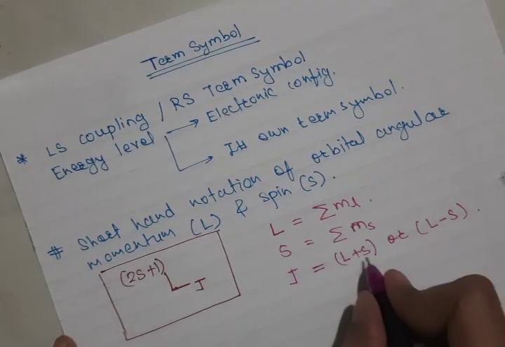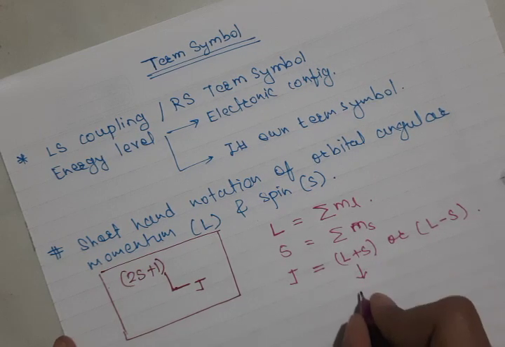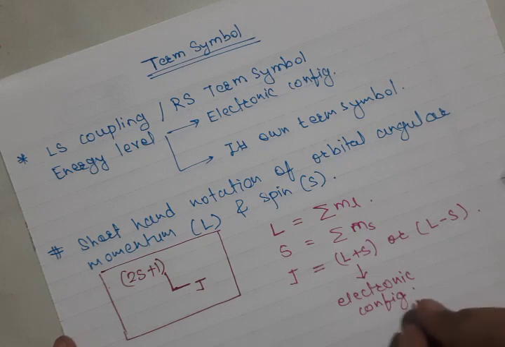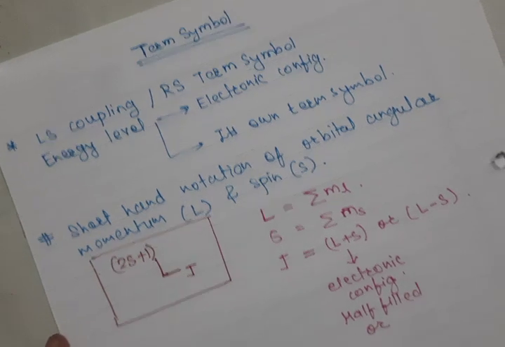L plus S is taken when the given electronic configuration is more than half filled.